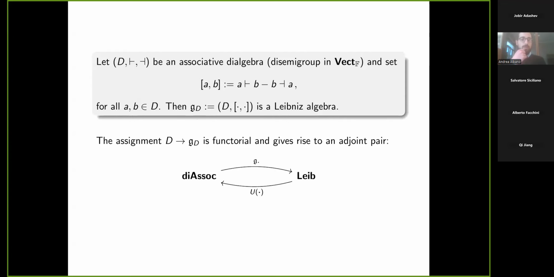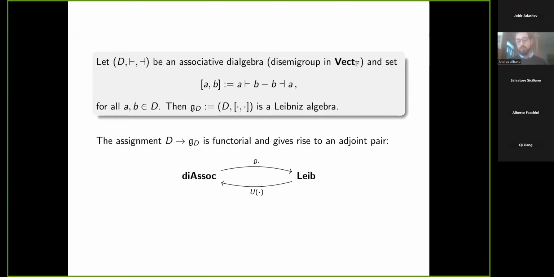And moreover, the rule that assigns to each associative di-algebra its associated Leibniz algebra in this way is functorial and is basically a side of an adjoint pair. Of course, there is a lot going on here, of which I'm not talking about now.